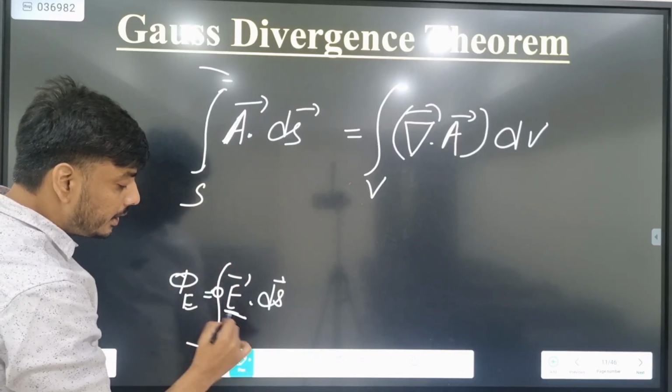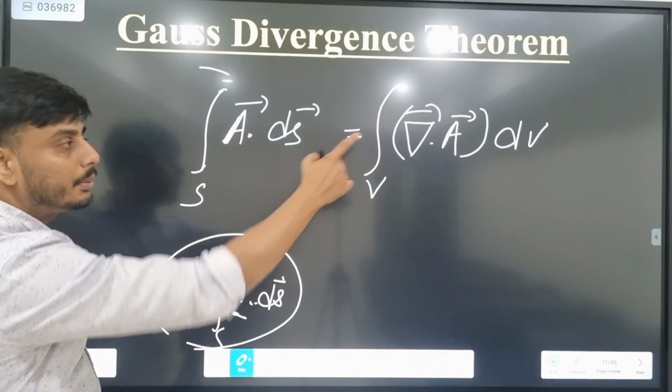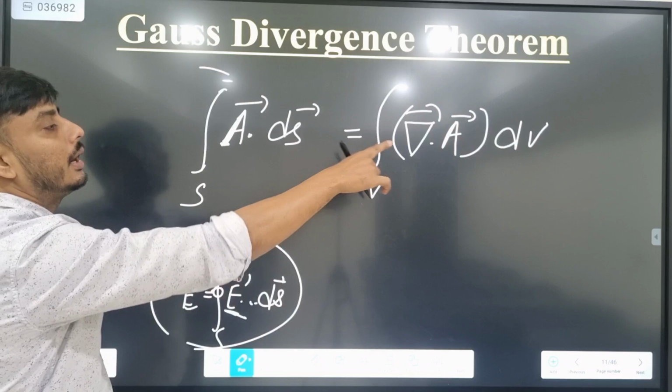In place of E dot ds, we can convert this term into a volume integral by this formula: divergence of A and dv.